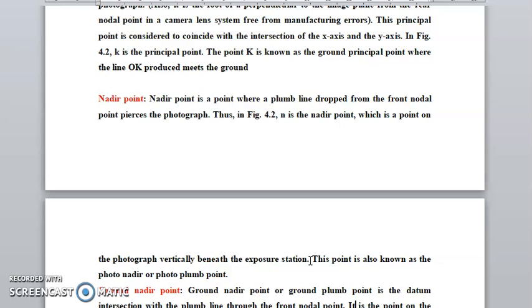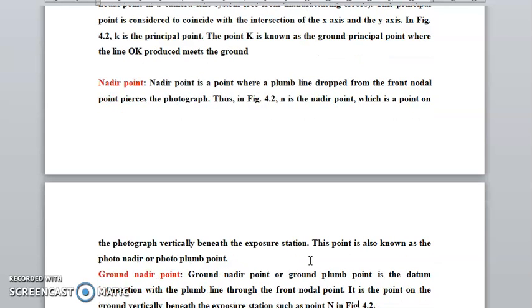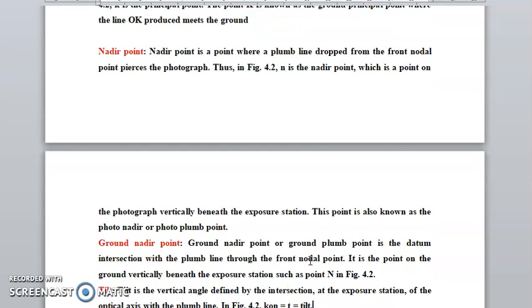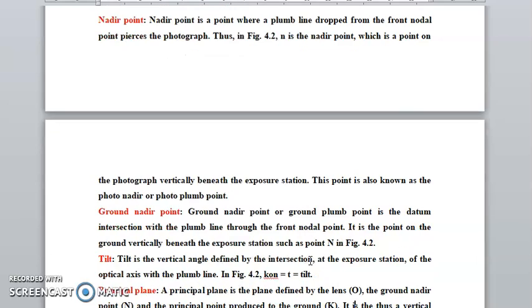Ground nadir point. Ground nadir point is the ground plumb point, the intersection with the datum of the plumb line through the front nodal point. It is the point on the ground vertically below the exposure station, such as point N. Tilt. Tilt is the vertical angle defined by the intersection of the optical axis at the exposure station with the plumb line.